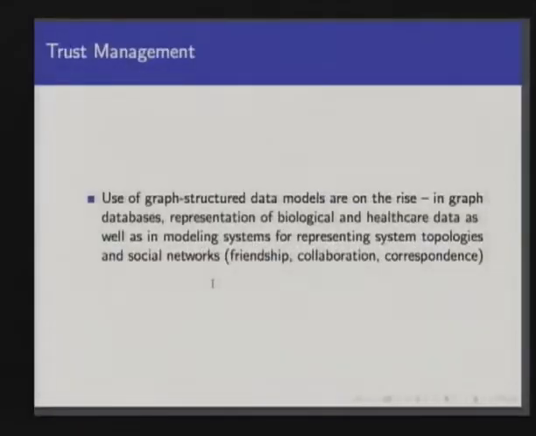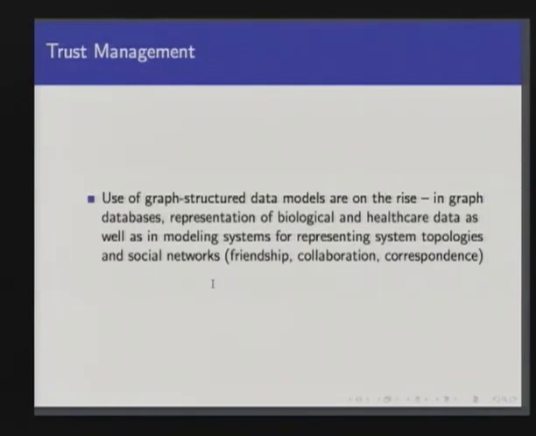So, motivation. As we all know, graph structured data and models are on the rise in graph databases, in biological and healthcare data, as well as in modeling system and network topologies and social networks, for example, friendship, collaboration, and correspondence. It is a very prevalent and commonly used data structure.